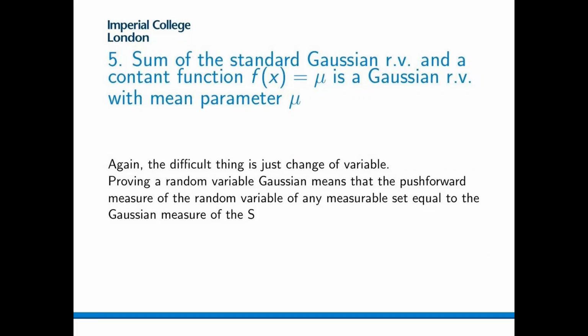Previously the two parameters were 0 and 1, and we add a constant function. The sum of them is a Gaussian random variable with parameters mu and 1. Yeah, that's it. Again, most of the difficulties are like what we did previously.